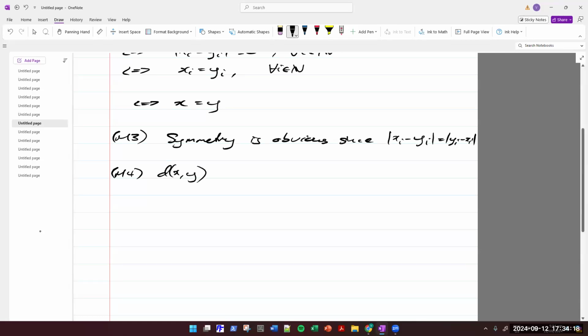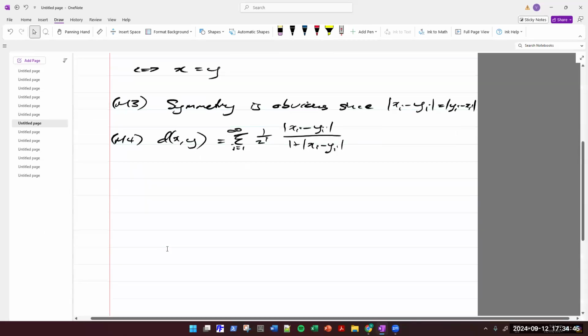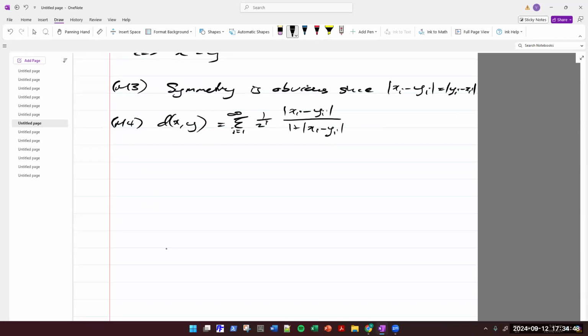So d of x, y is the summation, i goes from 1 to infinity, of 1 over 2 to the i, times xi minus yi all over 1 plus xi minus yi. Again, the trick is we need to add and subtract zi.